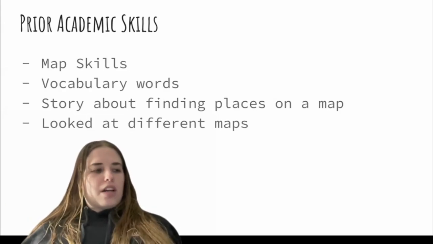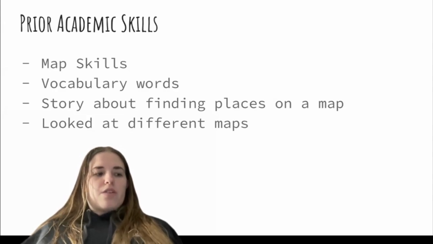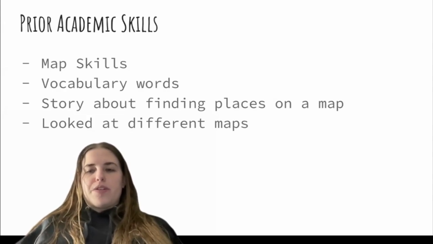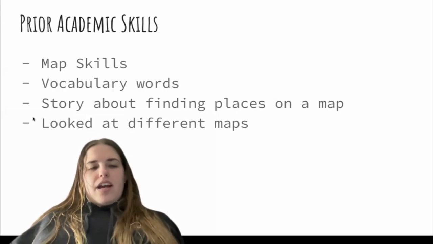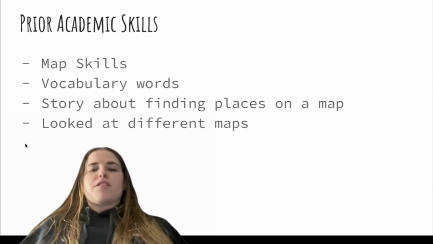So the students will build on this prior knowledge of the different maps that they may find and words in a legend in order to be successful, because we've already looked at a few different maps in the previous lesson, and they will use these skills and the vocabulary to help them discuss and describe the similarities and differences between maps.